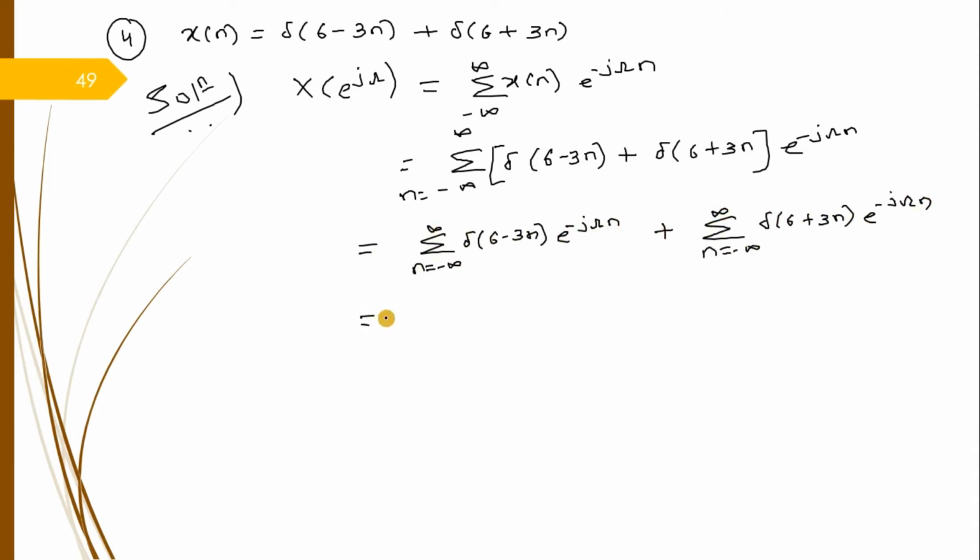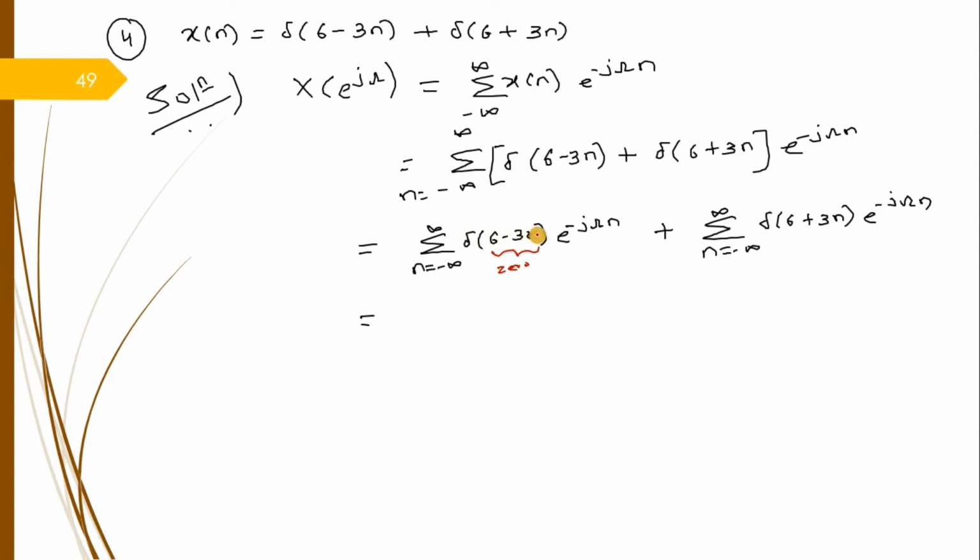I consider these two things separately, and you know the property of the impulse function: this quantity should go to 0 in order to have a non-zero value, because delta of n will be 1 only when n equals 0. Similarly, delta of 6 minus 3n will be 1 only when this quantity goes to 0.